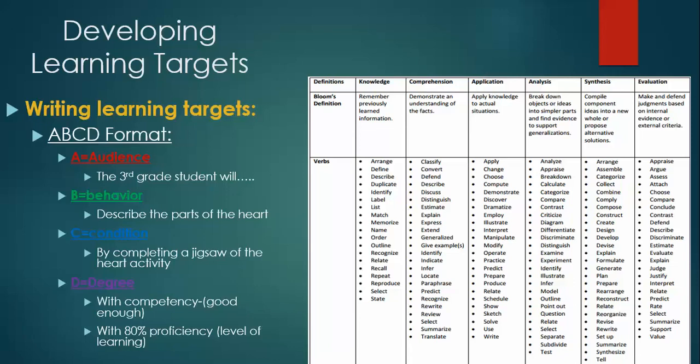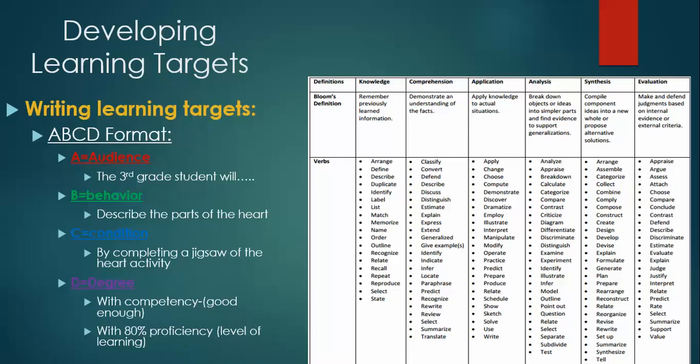If you were doing something with a science or health lesson, describe the parts of the heart. That's the behavior. What are you asking students to do? The condition is, under what context are they doing that behavior? For example, with the parts of the heart example, they're completing a jigsaw of the heart activity. And so they're describing the parts of the heart by completing a jigsaw activity.